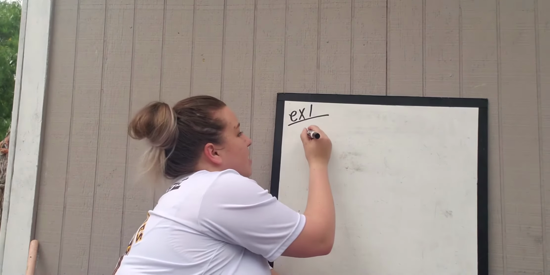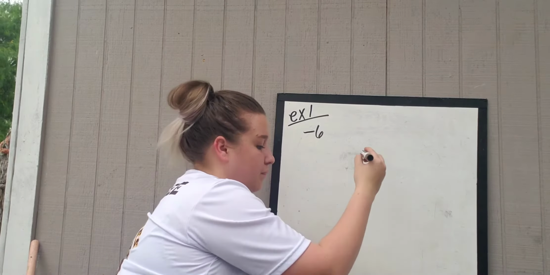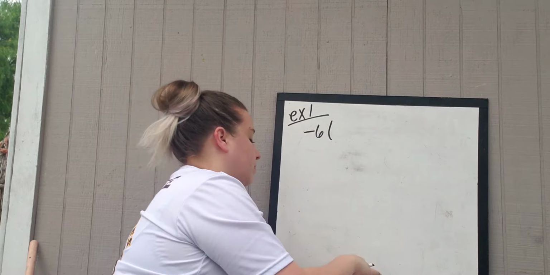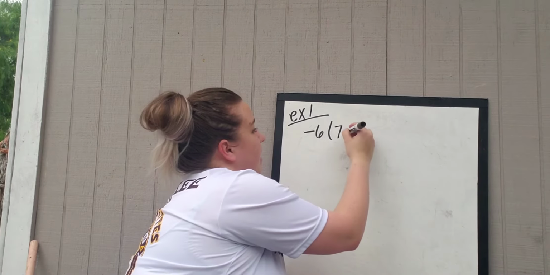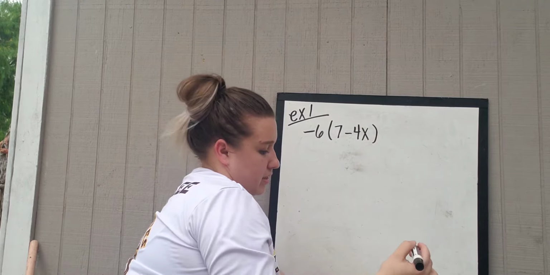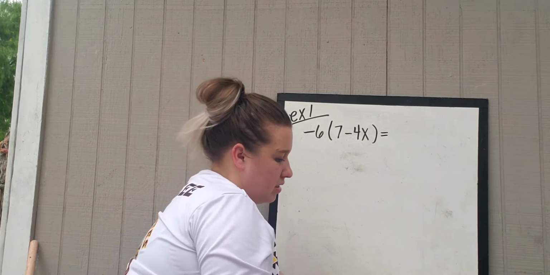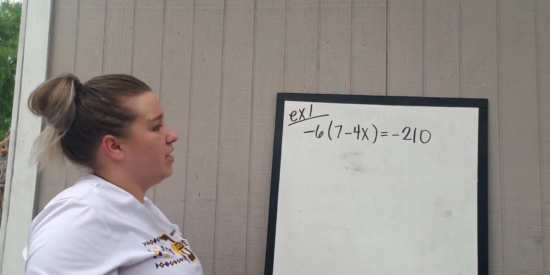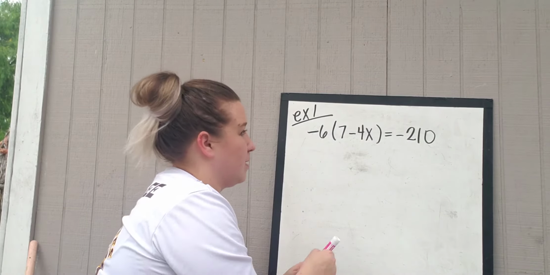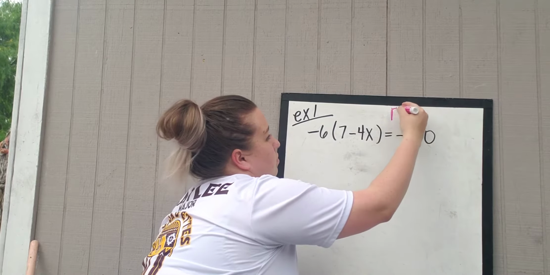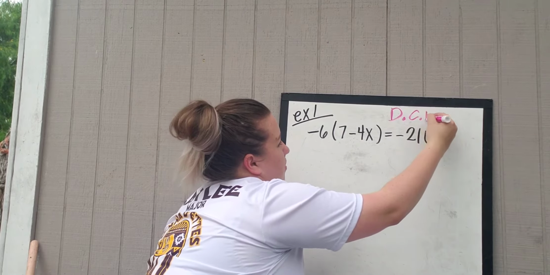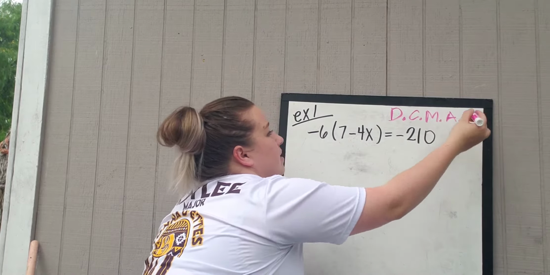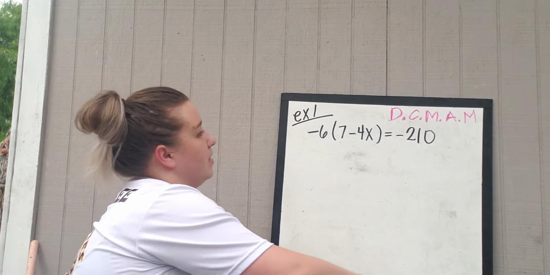It says -6 parentheses, 7 minus 4x, equals -210. And I'm going to leave these steps up here. Don't call me after midnight.